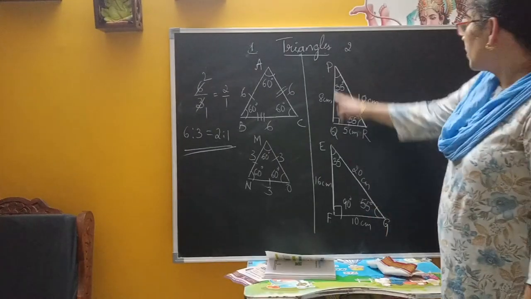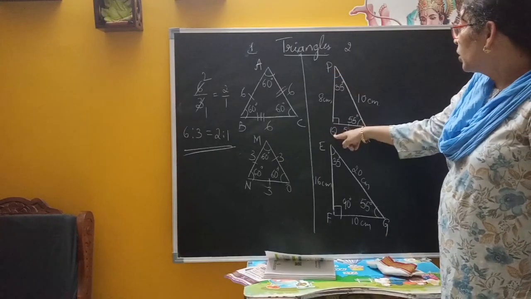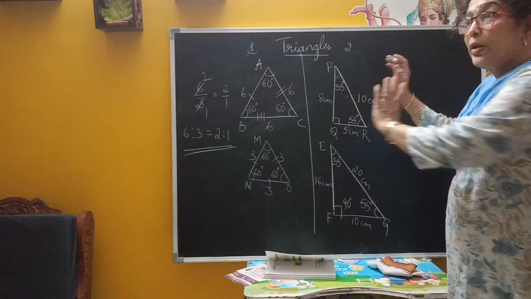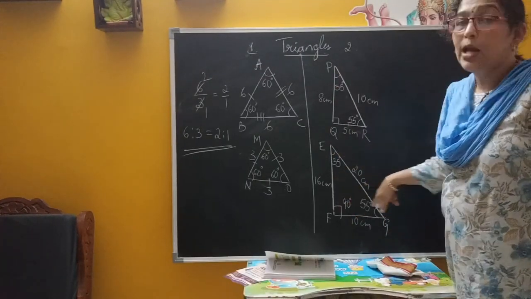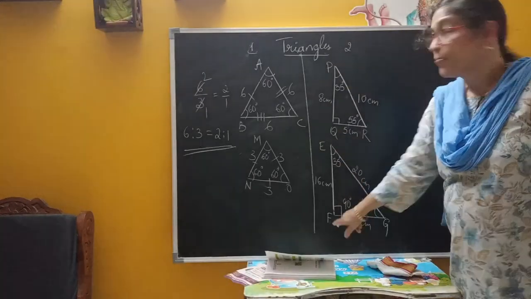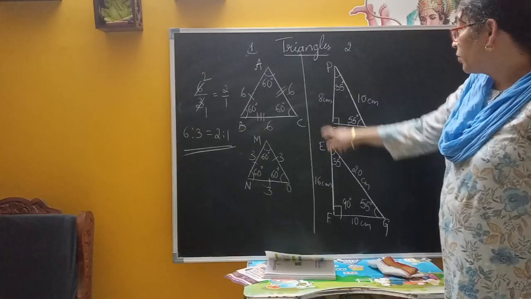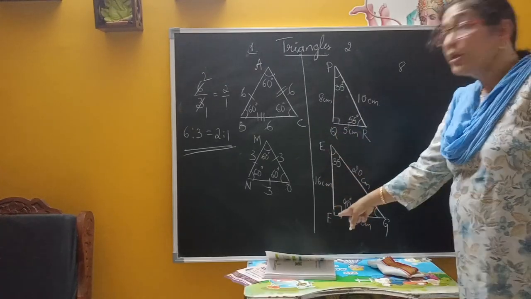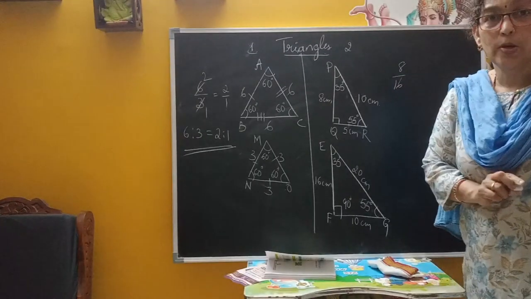So now see the sides of these triangles. PQ has corresponding side EF. If you place them one on another, these sides overlap each other. So PQ corresponds to EF. What is the ratio? 8 centimeter for PQ, and EF measures 16. So 8 by 16 is the ratio.